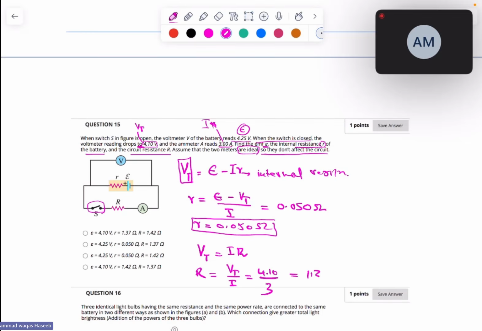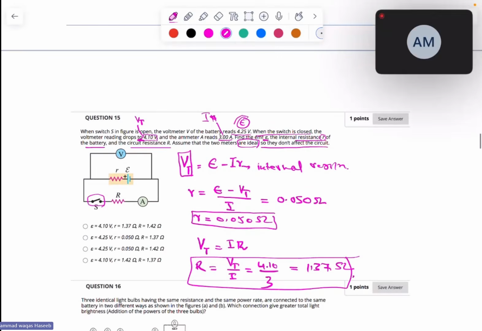So we get 1.37 ohm. So this is our resistance. This is our EMF and this is our internal resistance. So 4.2 is your EMF, 0.05 is your internal resistance, and the circuit resistance is 1.37. So this is the correct option.